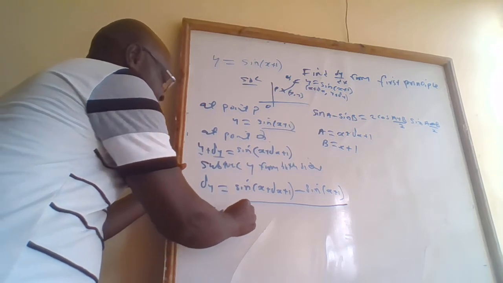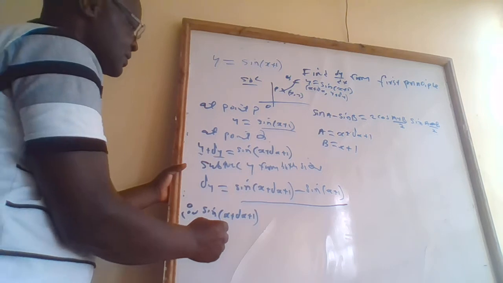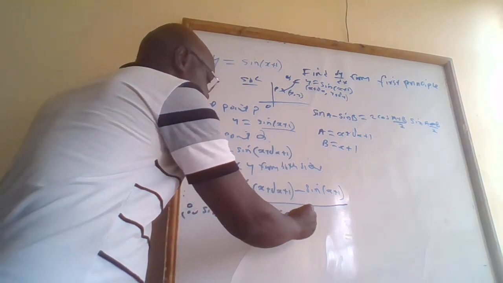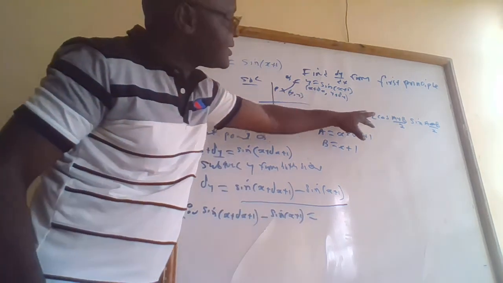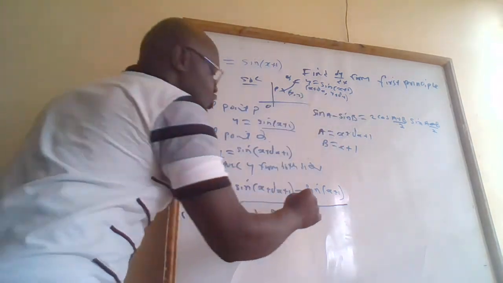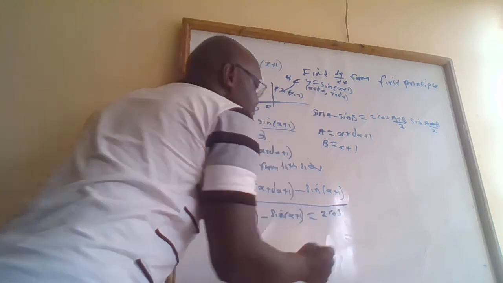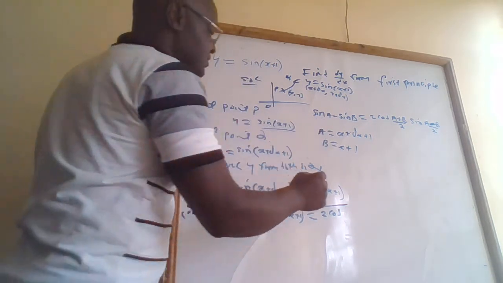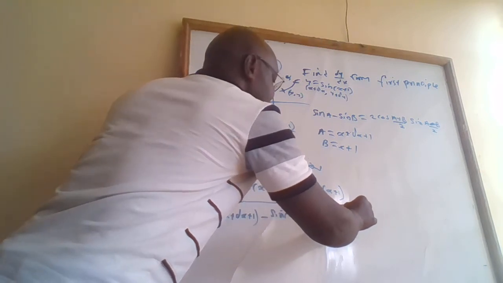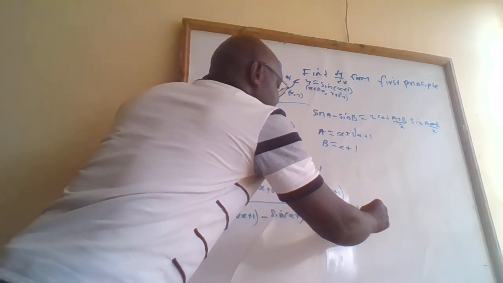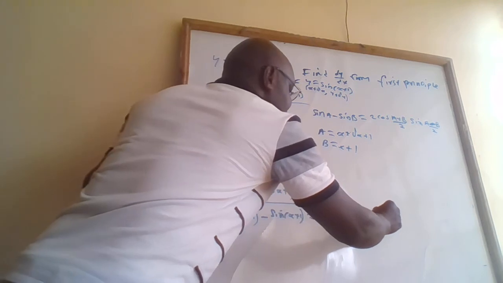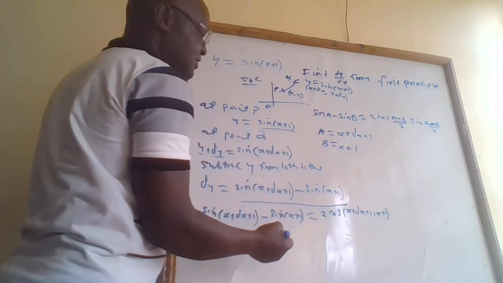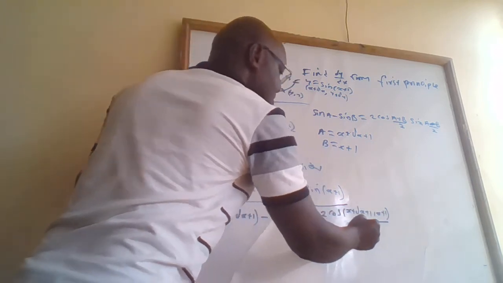Therefore, sine of (x plus del x plus 1) minus sine of (x plus 1) will be equal to 2 cos of A plus B, all over 2, then sine of A minus B, all over 2. Our A is this and our B is this, so we add A plus B: x plus del x plus 1 plus x plus 1, all over 2.